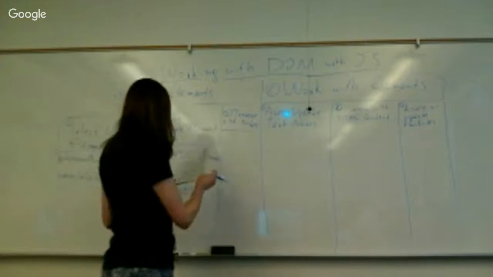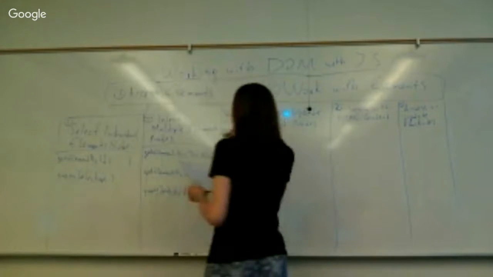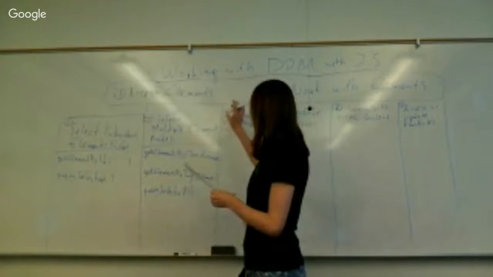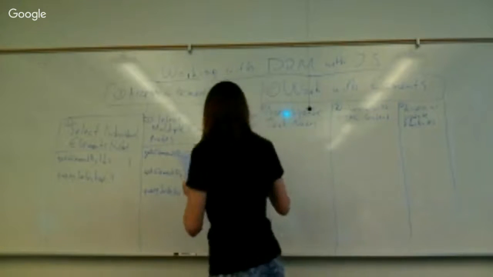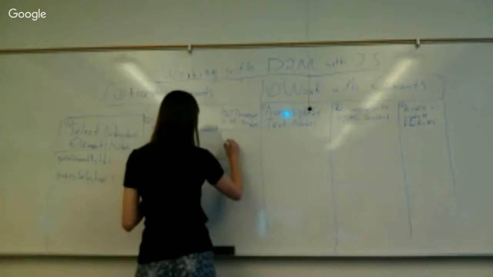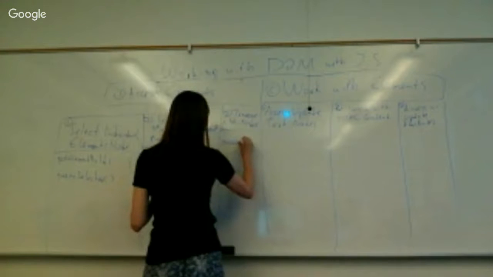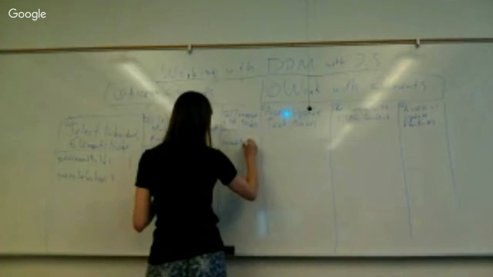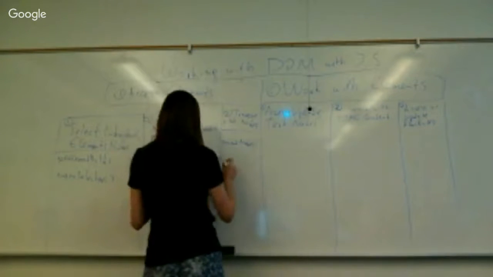Then to traverse the nodes, we get to the node, and we can go to the parent node, and our relative, parent node, previous sibling.